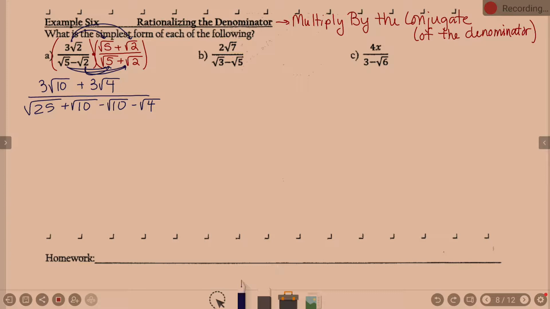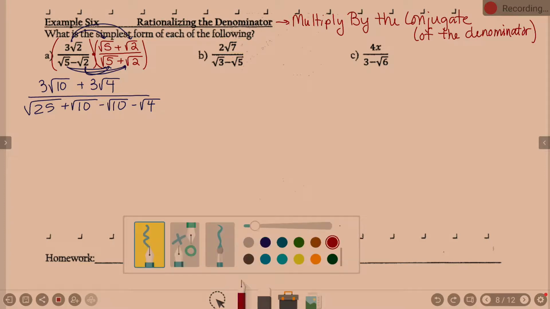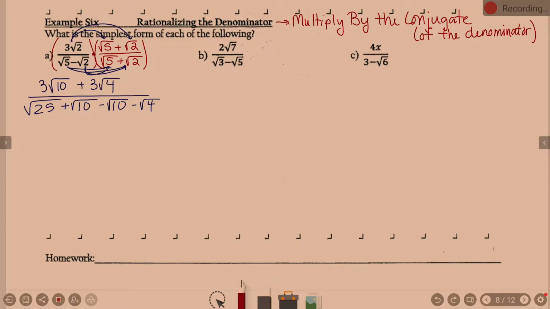Okay. We got some cleanup to happen here, don't we? Couple of things before I start writing stuff out. In the denominator, what do you notice? These are conjugates, right? Your middle term should cancel. Square root of 10 minus square root of 10 will cancel. What do you know about the square root of 25? It's 5.